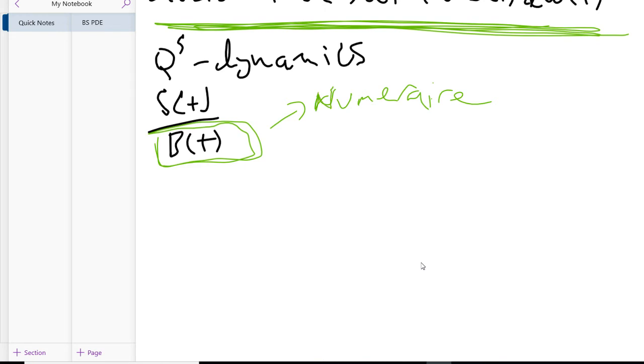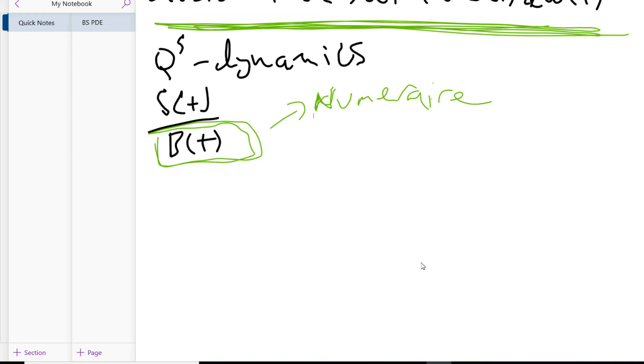So it's like a normalization or standardization asset. The Q dynamics are given when we have the bond as the numeraire. The Q^S dynamics are given when we have instead S as the numeraire. And again, you'll see why we even need that when I eventually solve the PDE.